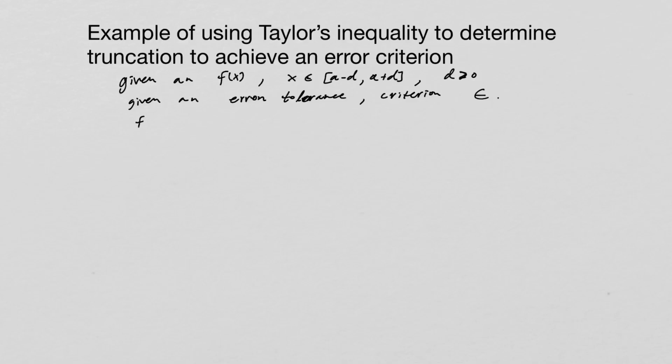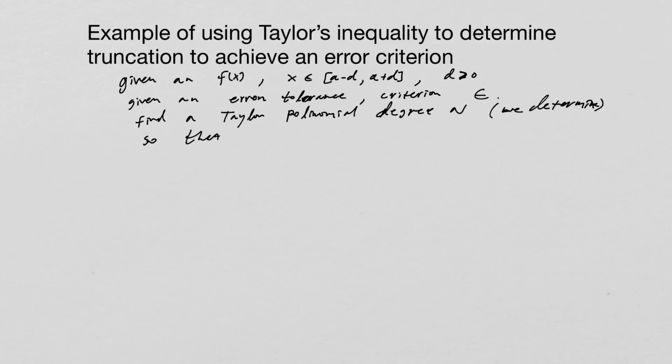And the idea is find a Taylor polynomial of degree n that we determine, that n so that the polynomial, which we'll call Tn of x, minus f of x in absolute value, and this is what we call the error, is less than epsilon.